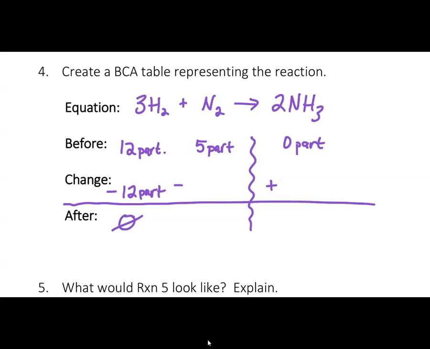That is what determines the ratios of change for all of the other reactants or products. We already knew that we used up 4 of these particles and we were left with 1. And then we wound up forming 8 particles of ammonia.